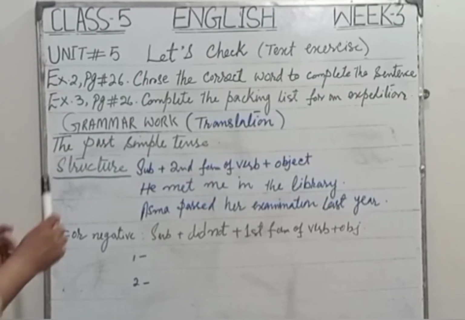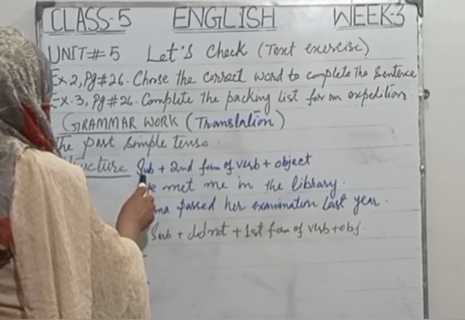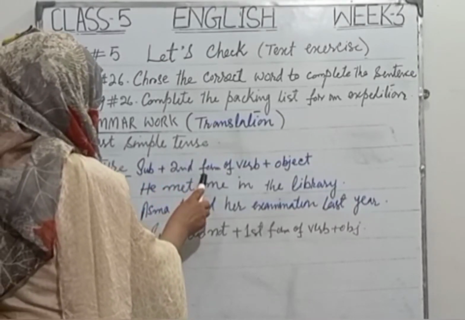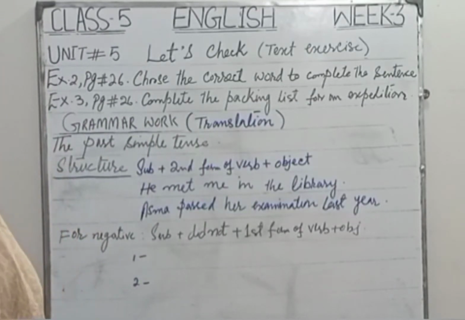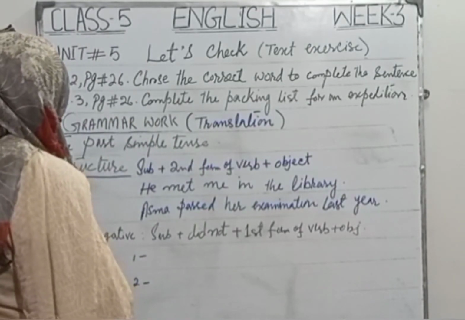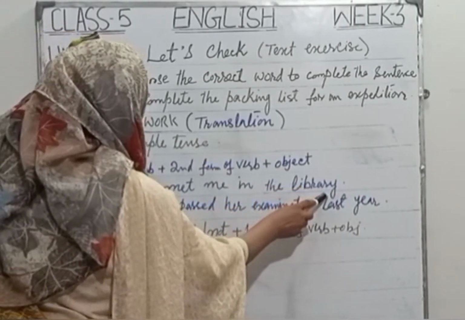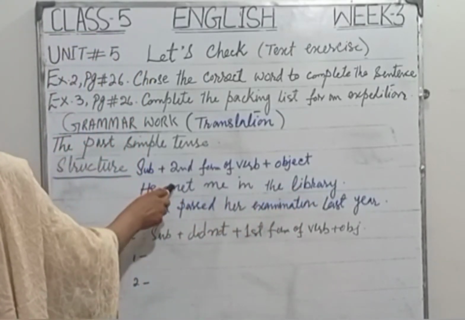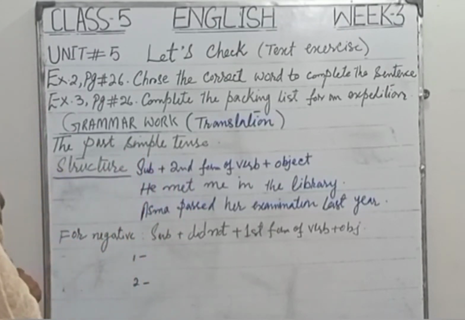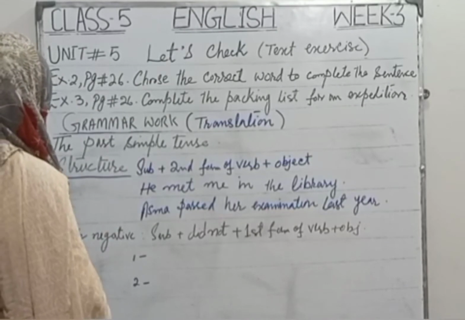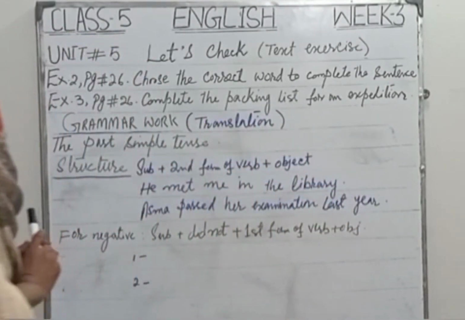The structure for this tense: first of all, you will write your subject, then the second form of verb and object. Look at the first example. He met me in the library. We use here the second form of the main verb. Next example, Asma passed her examination last year.